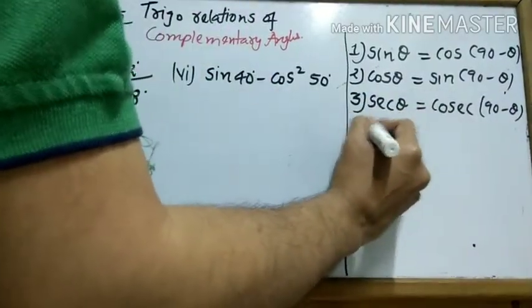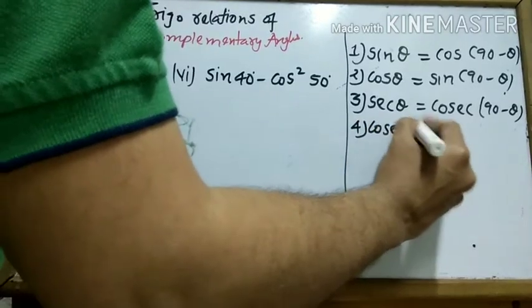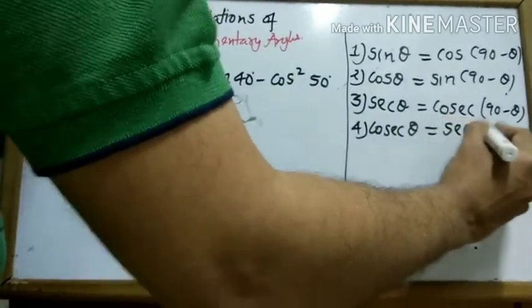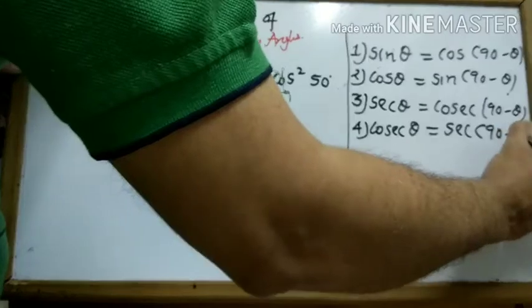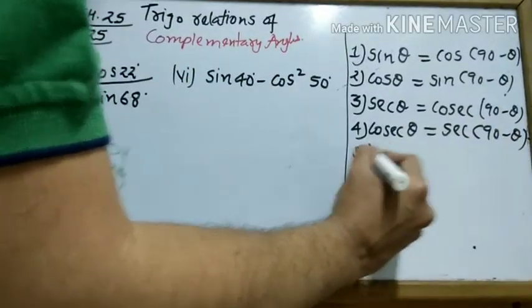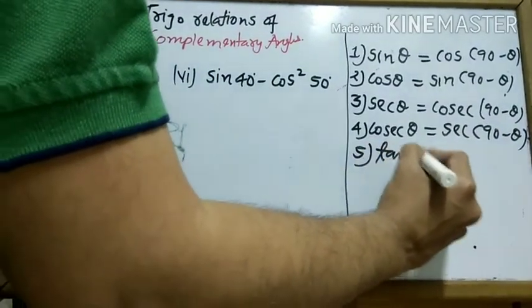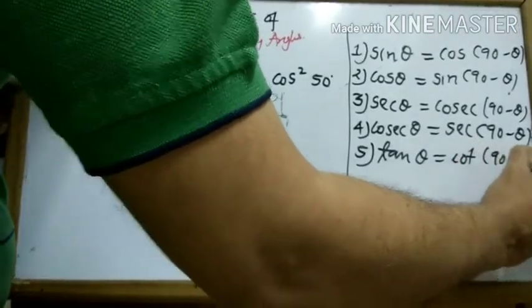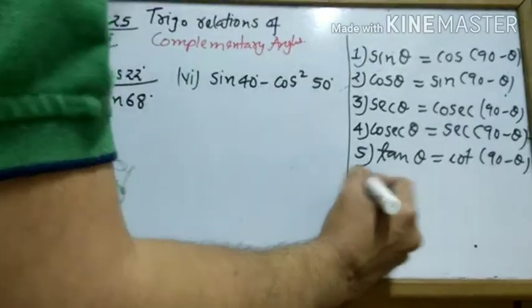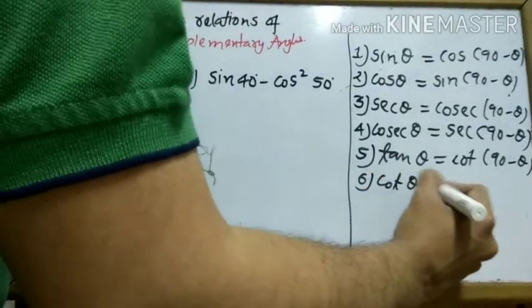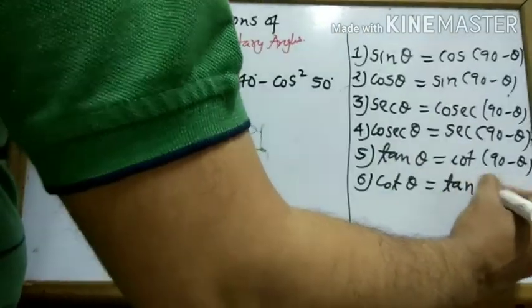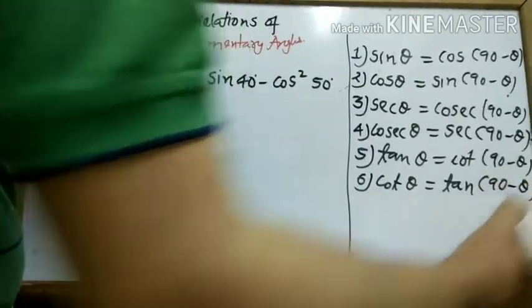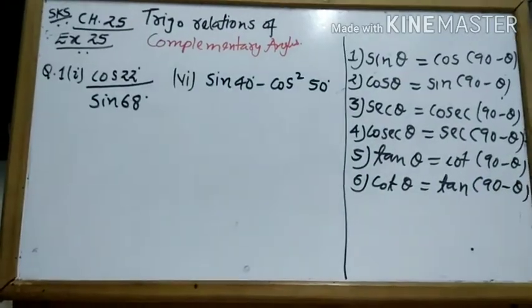If I am having cosec theta, then its relation will be sec 90 minus theta. If I am having tan theta, then it will be cot 90 minus theta. Cot theta equals tan 90 minus theta. These many relations are useful to you in grade 9.